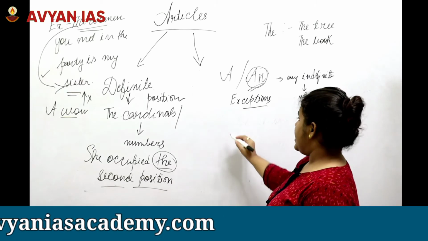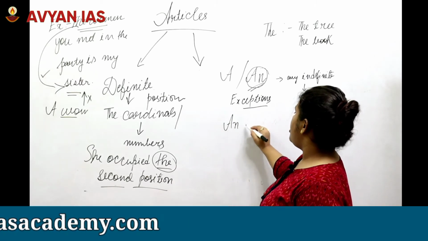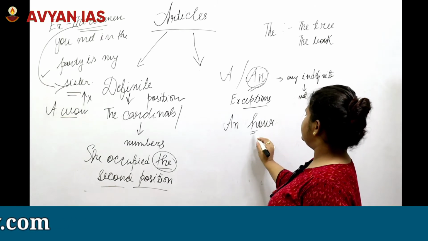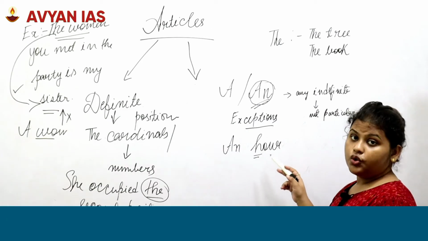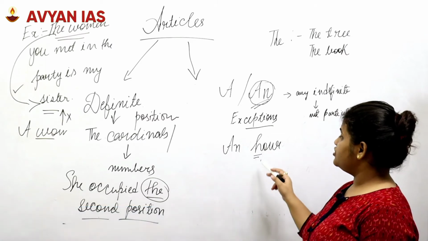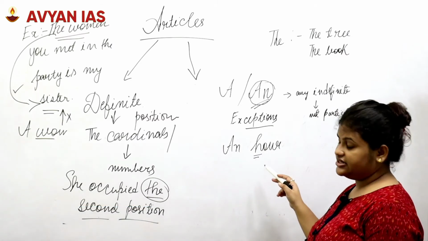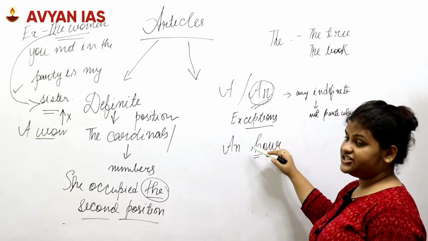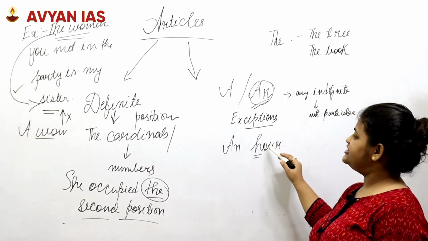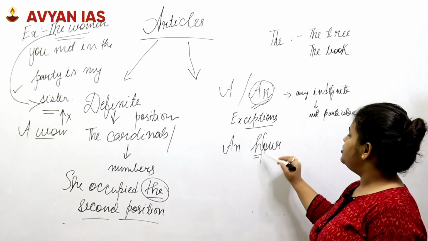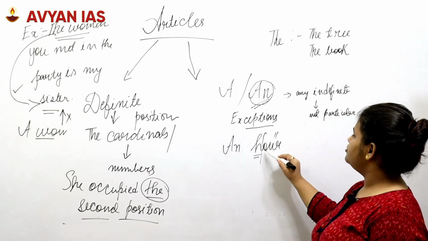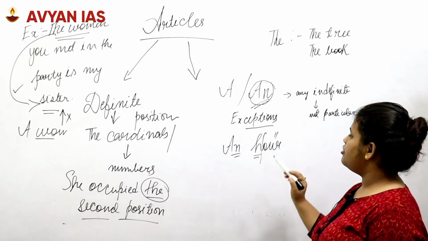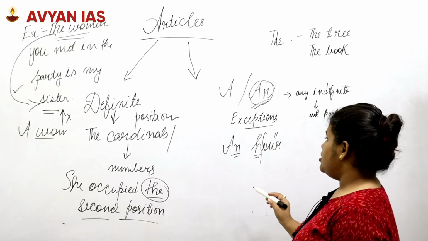When we say an hour, although it begins with an H, which is technically not a vowel, it is a consonant, we do not pronounce the H while we are saying it. We say an hour. We begin pronouncing it from here. That is why we will refer to this as an hour, right?